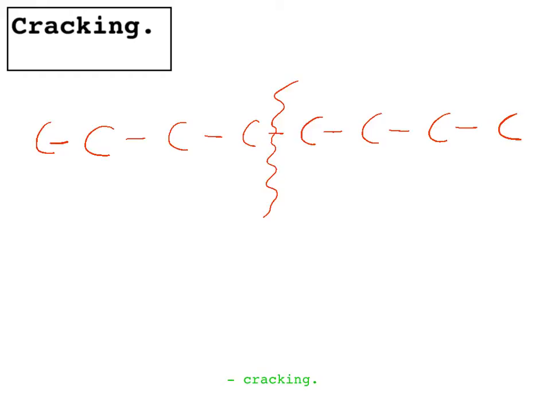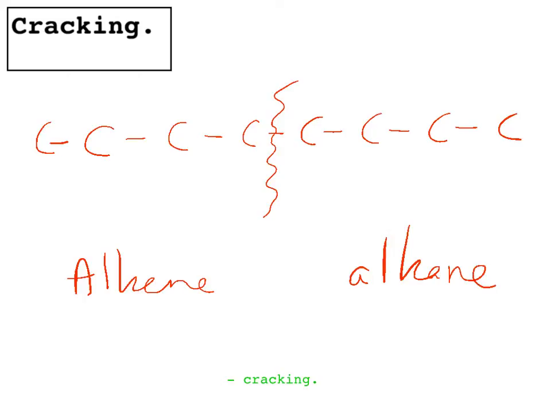One of them will be an alkene, and one of them will be an alkane. Now the conditions to do this are different depending on whether you do thermal cracking or catalytic cracking, and we'll discuss that a bit later on. But the important thing here is just to understand that you're breaking carbon-carbon covalent bonds during cracking.